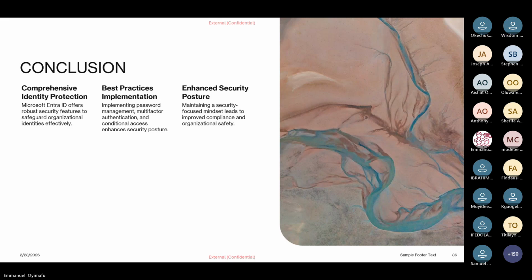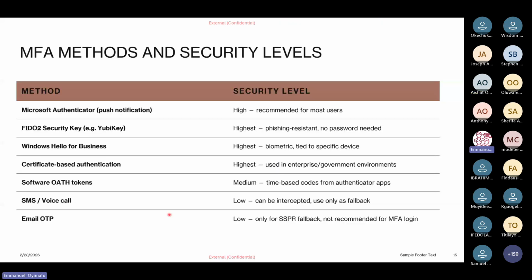All right, thank you very much. Over to you. Okay. So these are the MFA method and security levels. Certificate-based authentication most times is an authentication method used by developers to authenticate to some applications in a secured way. It's mainly used by enterprise or government environments, or big environments like IT firms.